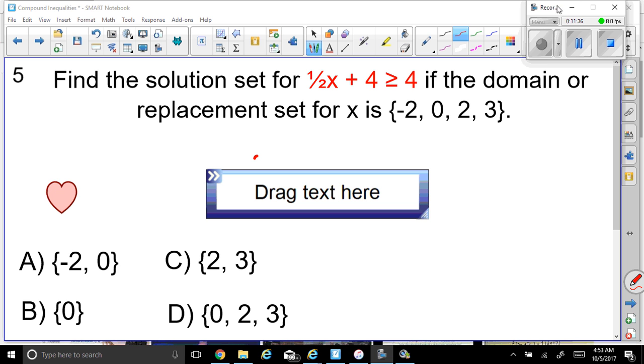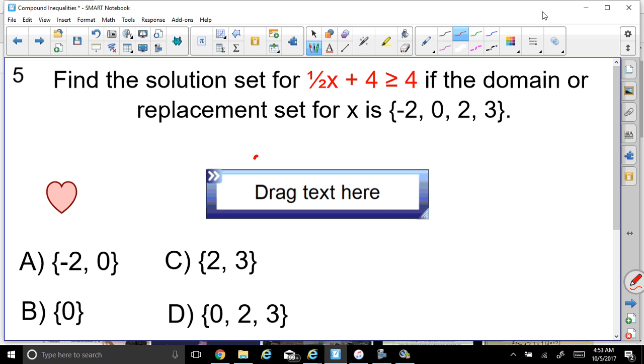All right, so let us replace the x value with first -2. So 1/2 of -2. Half of -2 is -1. And now let's add to it 4 and see if it's greater than or equal to 4.